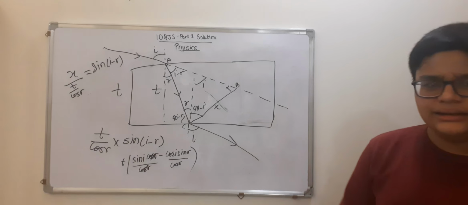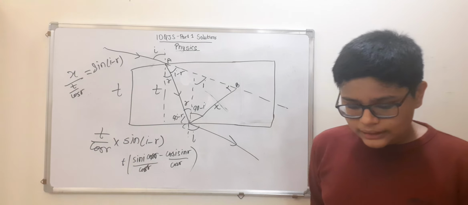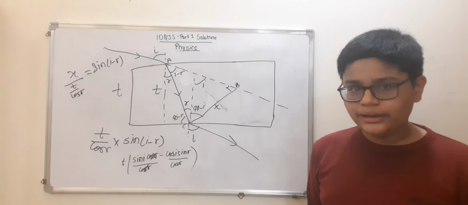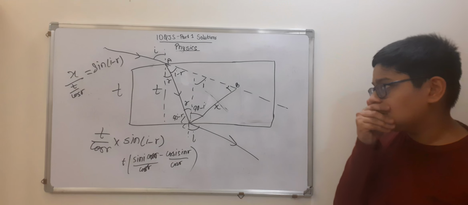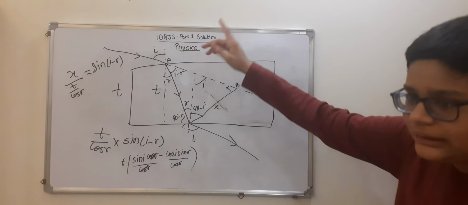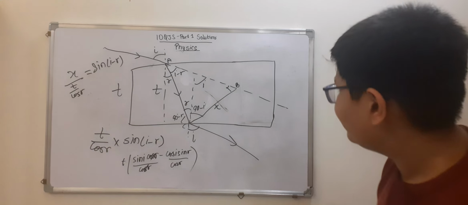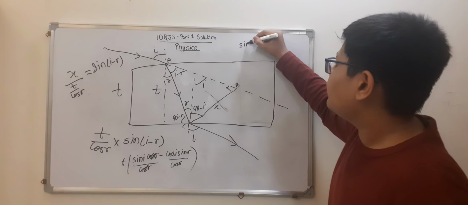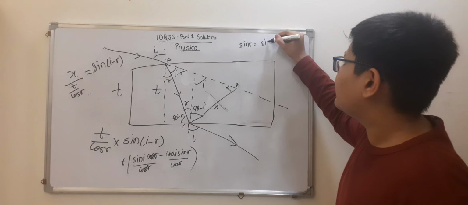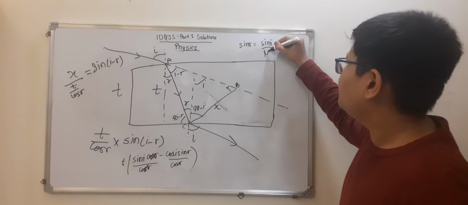Now the next few options are pretty simple. X depends on refractive index mu, which obviously it will, because we can change I but we cannot change R, because sine R will be equal to sine I divided by mu.